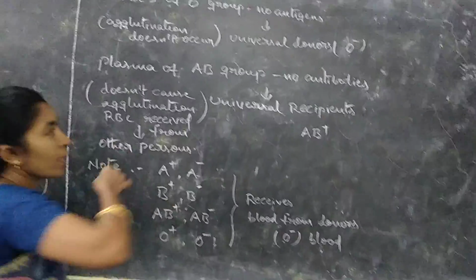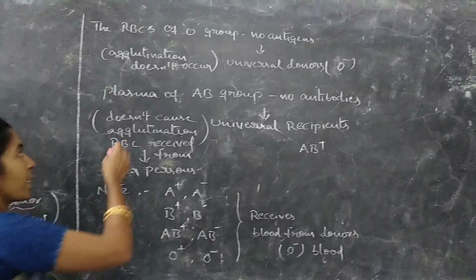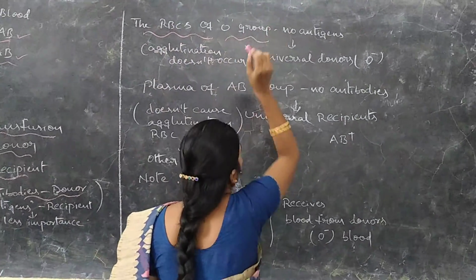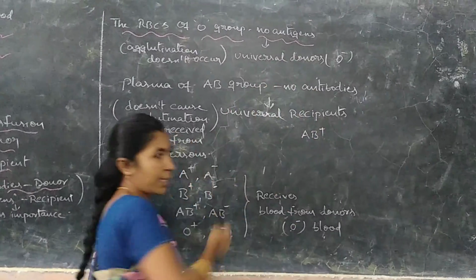Now, the universal donors and universal recipients. See here, the RBCs of O group, that means O blood group persons, have no antigens.